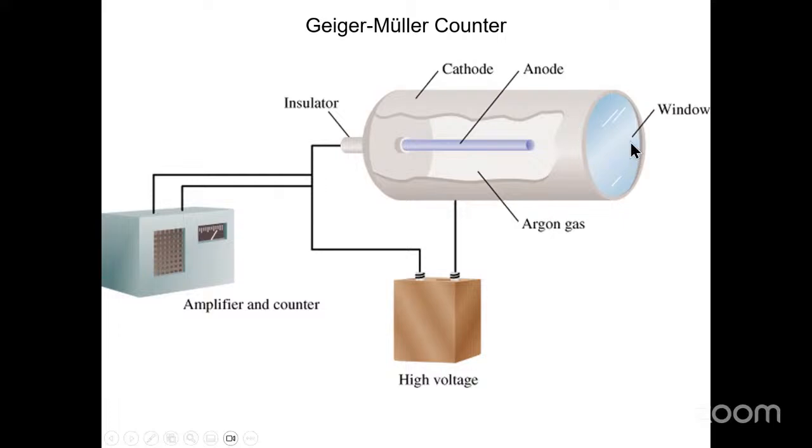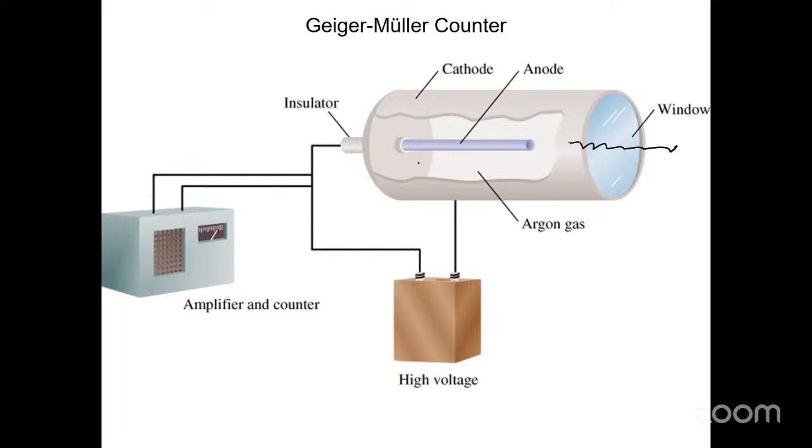Let's say you point this cylindrical object here, I would call it a cylindrical probe, I'm sorry, at your radioactive material. The radiation enters the window here, and it ionizes the argon gas. I forgot to mention that argon is present in the cylinder.